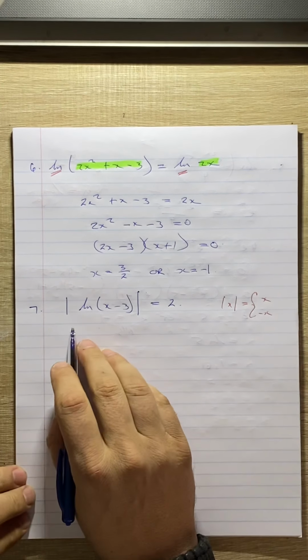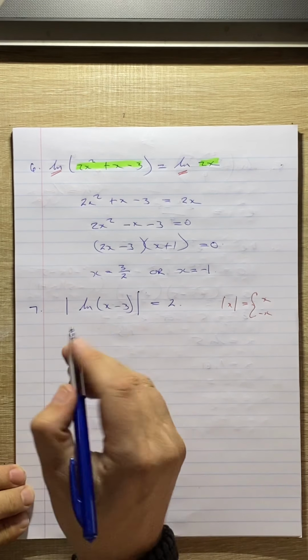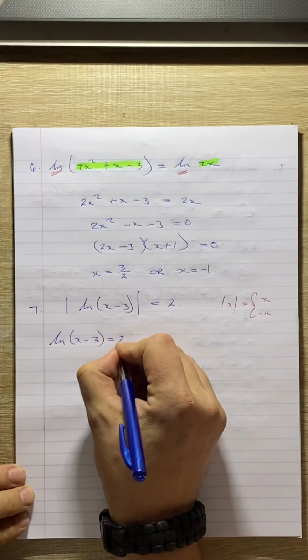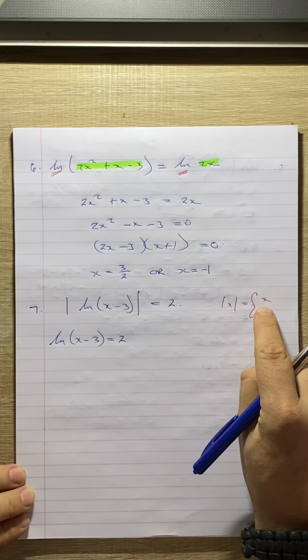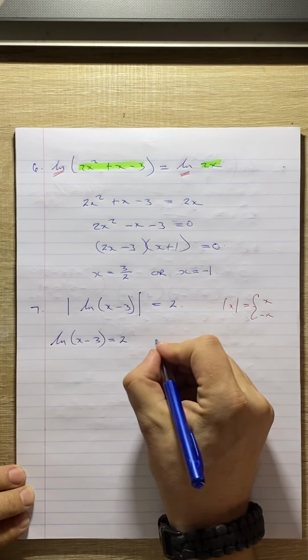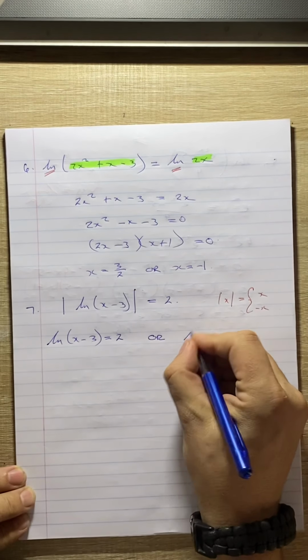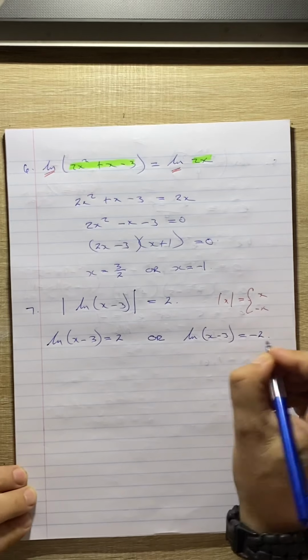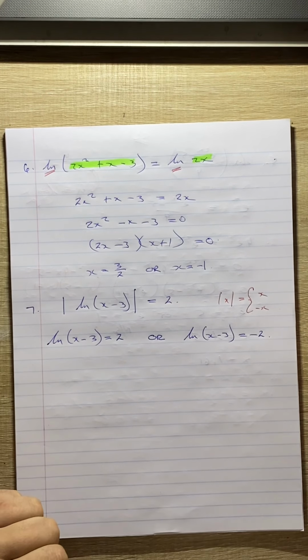So that's what I'm going to do here, split this up. We can either get ln(x − 3) = 2, which is your positive arm, or ln(x − 3) = −2 for the negative arm.